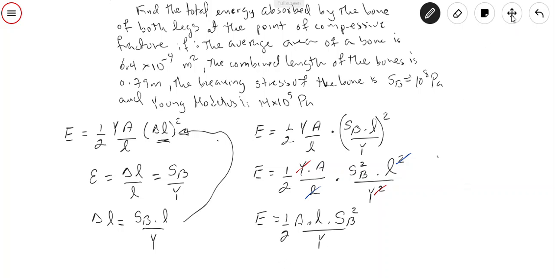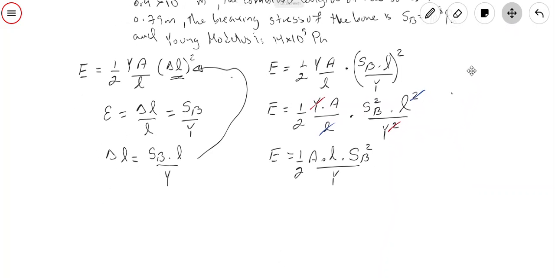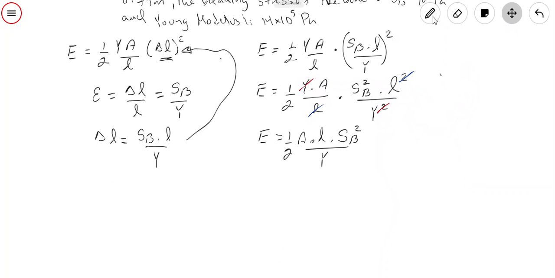So once we have this formula, we are ready to substitute the numbers and calculate this energy.